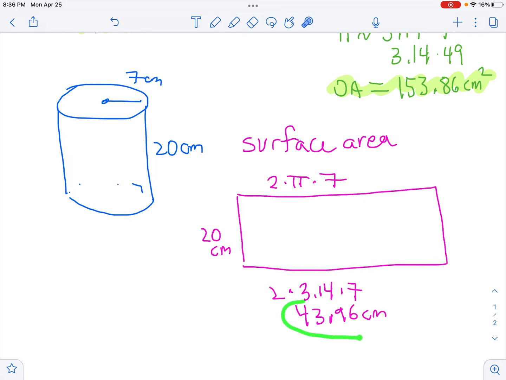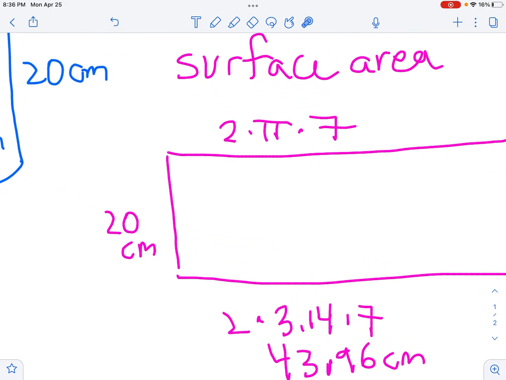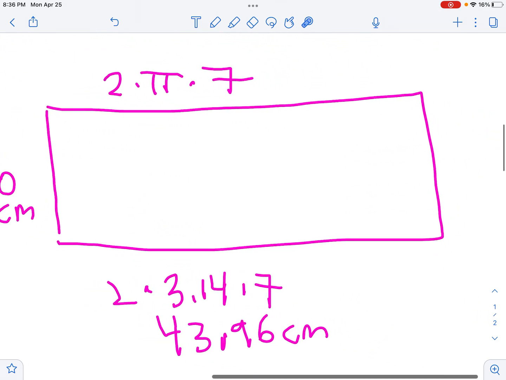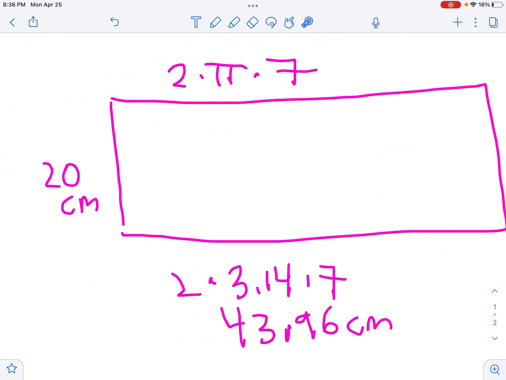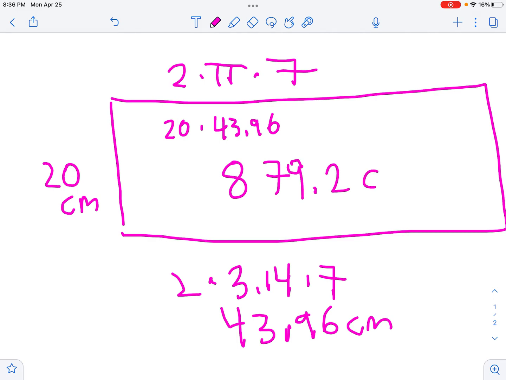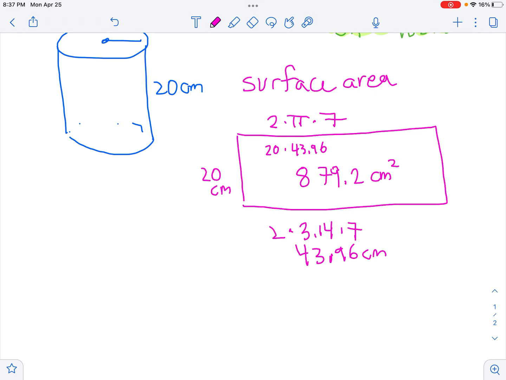Let me zoom in, give myself a little more room. So this area is just the area of a rectangle, right? It's 20 times 43.96, and that area is 879.2 centimeters squared. So that's the area of the rectangle piece of it.